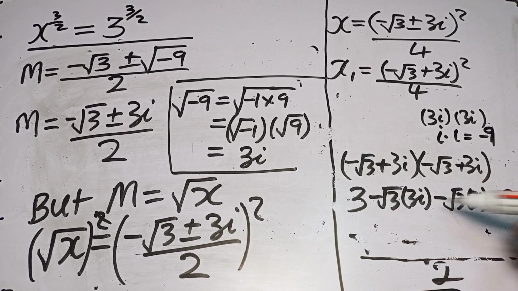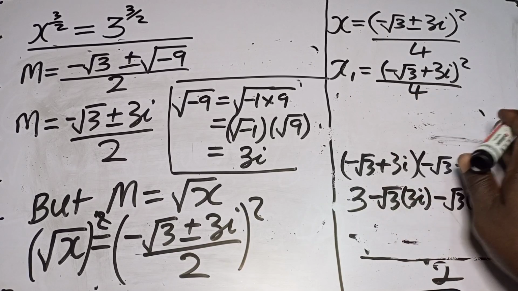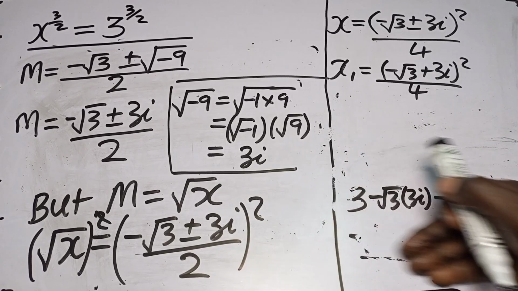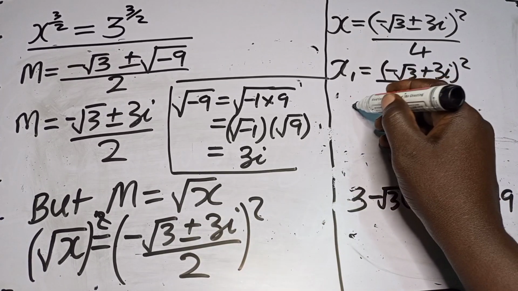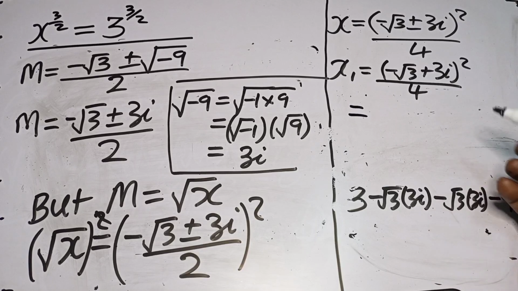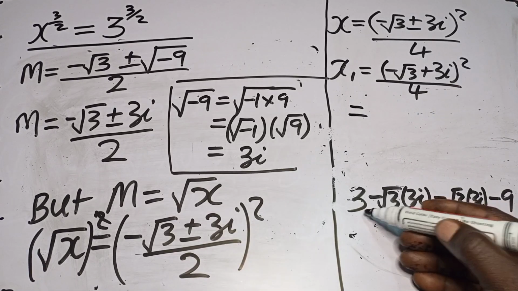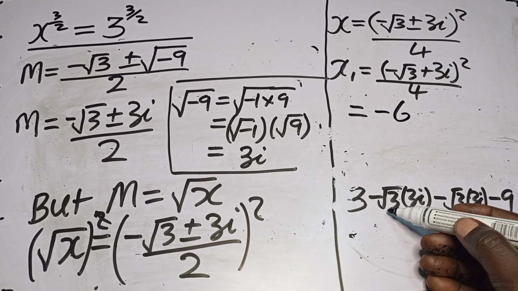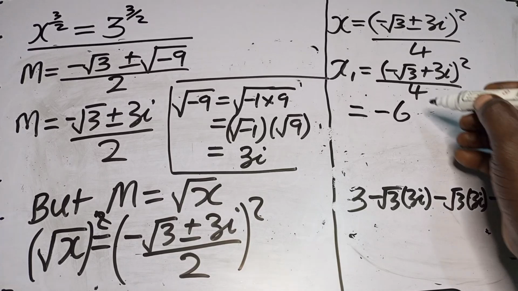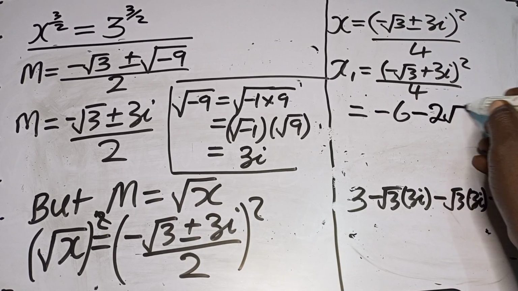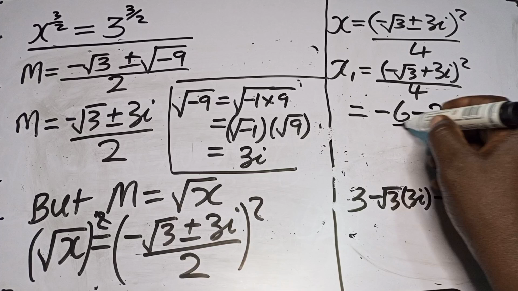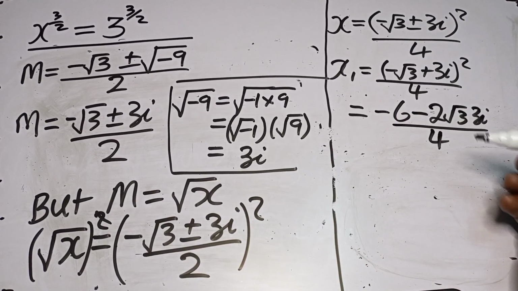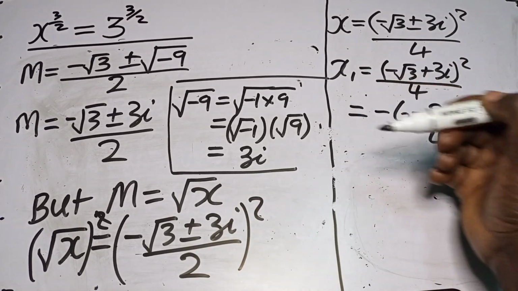All right. So this will go in the numerator up there. So we're going to have x1 equal to 3 minus 9, which is negative 6, then negative root 3, 3i and negative root 3, 3i. There are two of them, so negative 2 root 3, 3i, all over 4. So that's our first value for x.